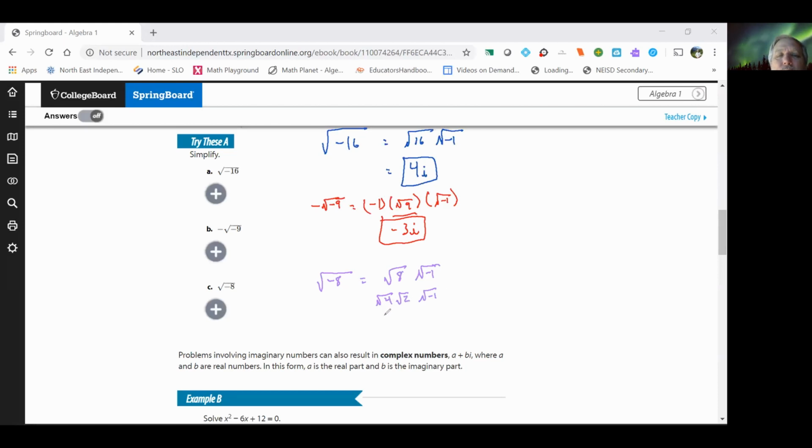The square root of 4 is 2. The square root of 2 is irrational, so we leave it that way. And the square root of negative 1 is i. So it's 2 times the square root of 2 times i. Another way of writing this is 2 times i times the square root of 2. That way we know it's not in the radical either.